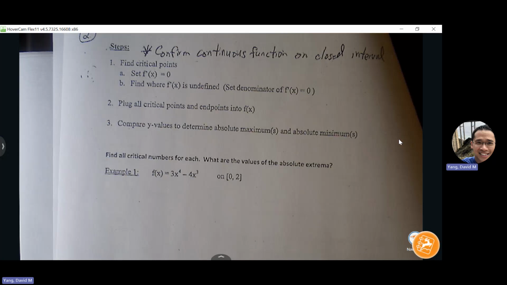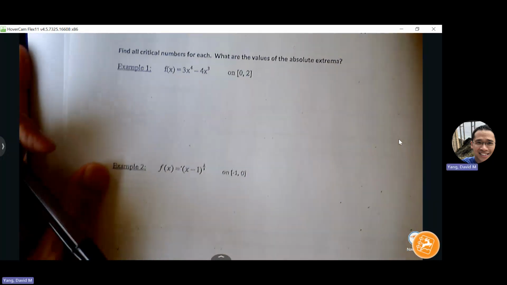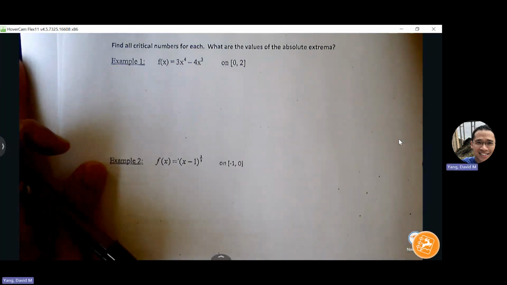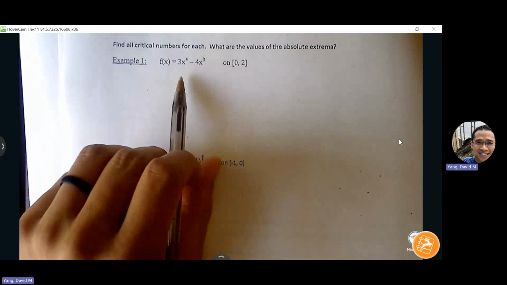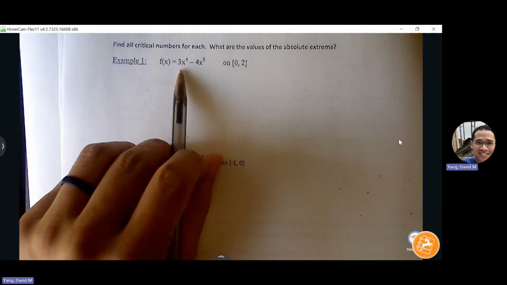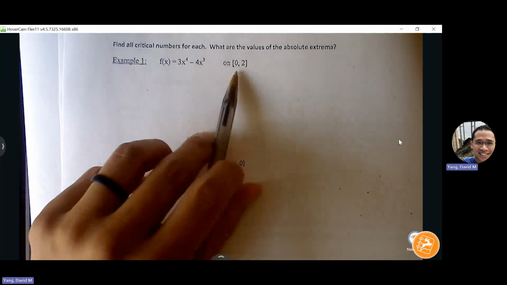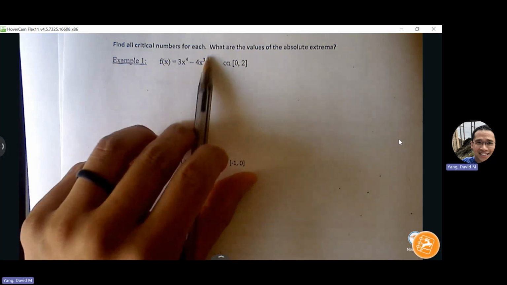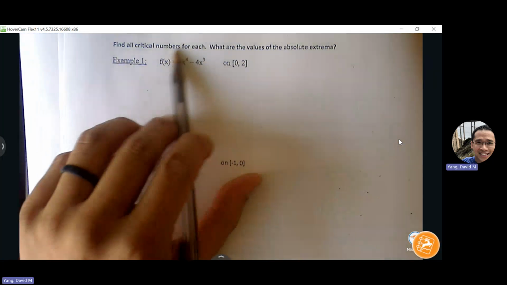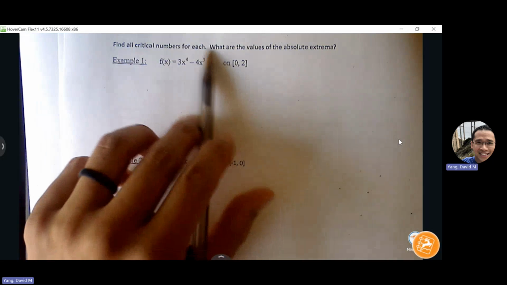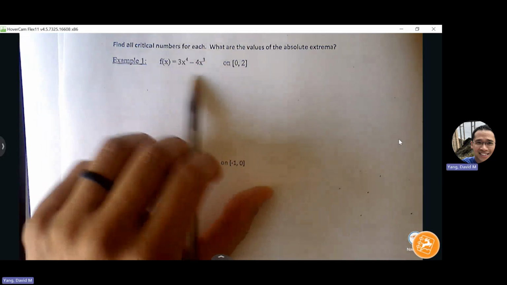Okay, let me show you some examples so we can see how the process looks. First, we have the function 3x to the fourth minus 4x cubed on the interval from 0 to 2. Do we have any issues with continuity with this function? No issues, right?